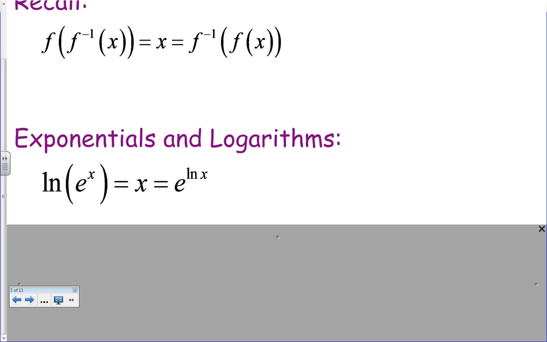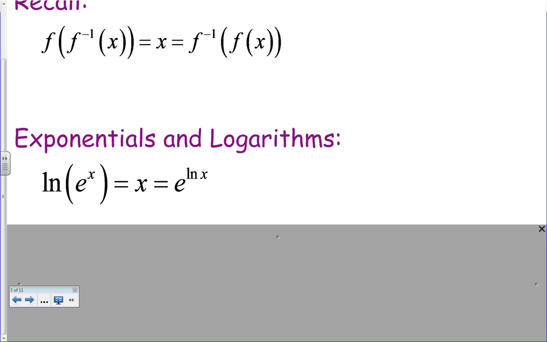And so log base e and the exponential function with base e are inverses of each other. If you have log base b and a base b exponential, those are inverses. Here we've just let our base be e. So the natural log of e to the x turns out to be x, and e to the natural log of x turns out to be x.